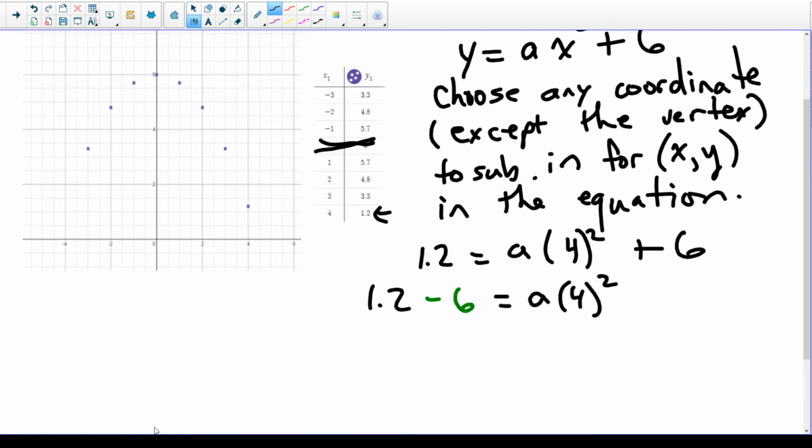Now, I'm going to get my calculator out here because I'm probably going to need it. I'm sure I could do 1.2 minus 6 in my head, but I just can't do it right at the moment because I'm thinking of other things. So 1.2 minus 6 is equal to negative 4.8. So this side gives us negative 4.8 equals a times 4 squared.